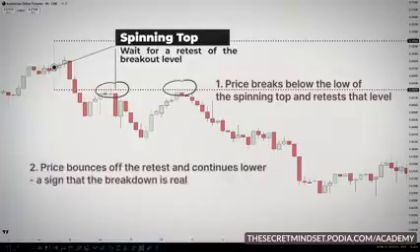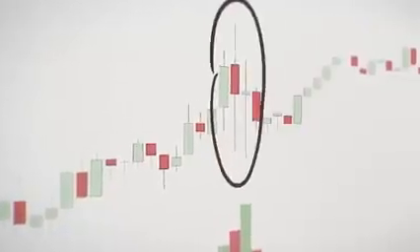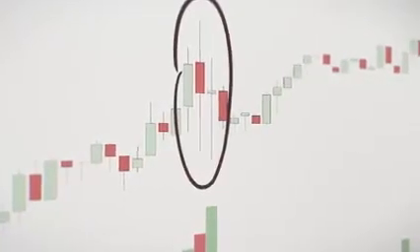If the price bounces off the retest and continues lower, it's a sign that the breakdown is real. If the price moves back above the level, it's a sign that the breakdown was false, and you should avoid entering a short position. And be aware of key levels. Spinning tops are most effective when they form at key support or resistance levels.